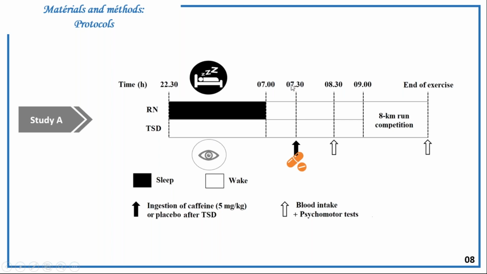After that, at 7:30, participants will have capsules containing 5 milligrams of caffeine, and at 8:30 we will realize the blood intake and the psychomotor tests. At 9 hours, participants will begin the test of 8-kilometer run, and at the end of exercise we have performances, and we will realize again the blood intake and the psychomotor tests.